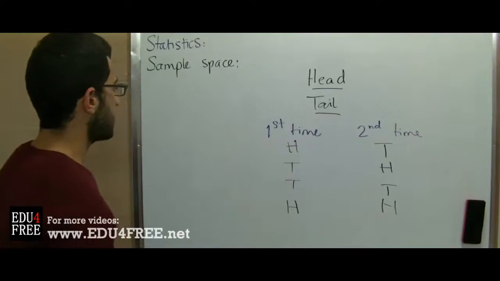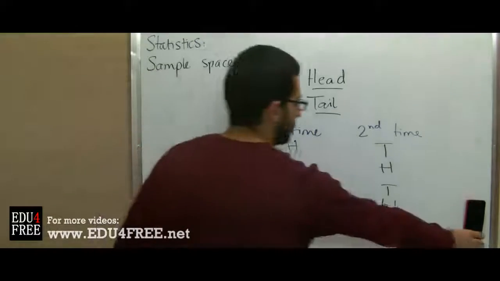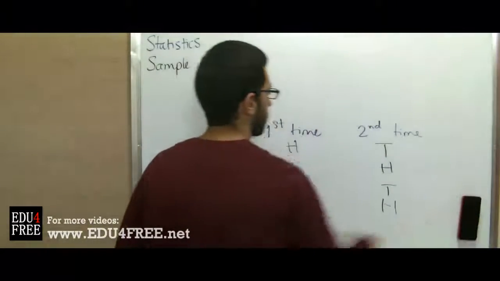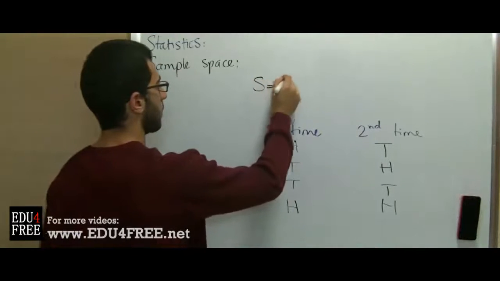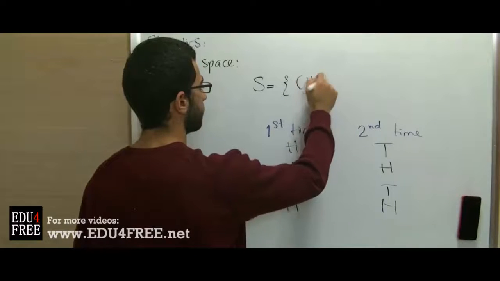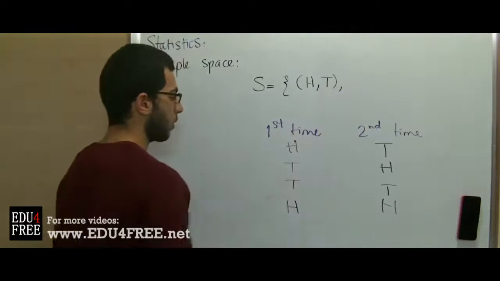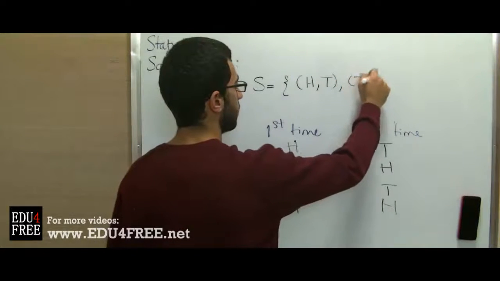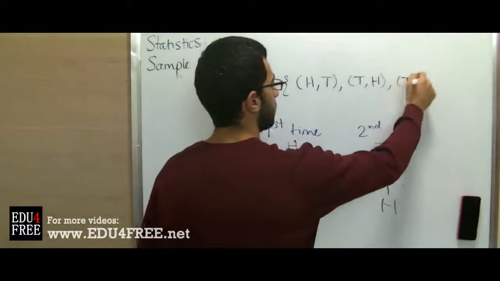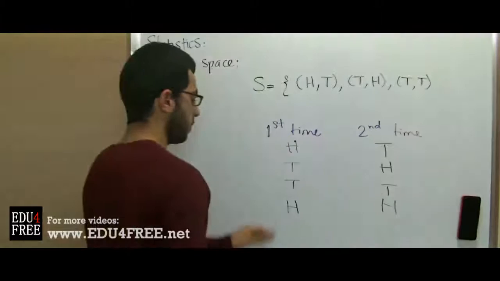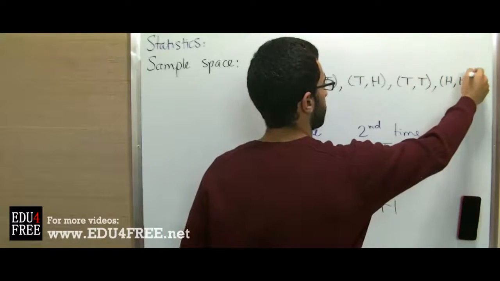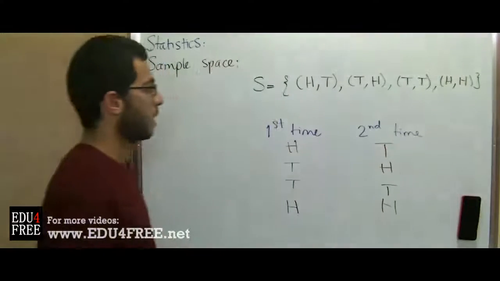So the sample space in this case will be: first we have heads and tails, or tails then heads, or tails both times, or heads both times.